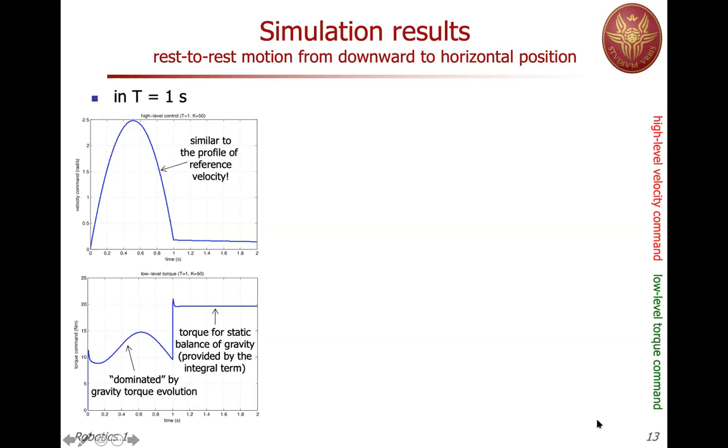Now, the first part, in fact, is dominated by the gravity, which is changing as a sinusoid, while at steady state, after 1 second, we keep a torque with the controller because this is what sustained the link in the horizontal position. The torque cannot go to 0, otherwise the link would fall.